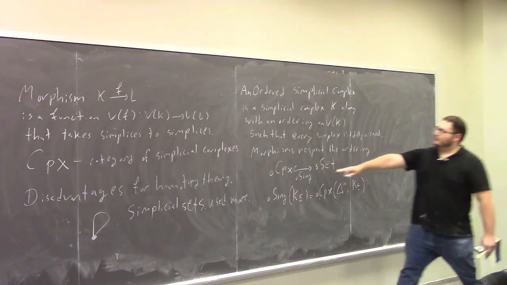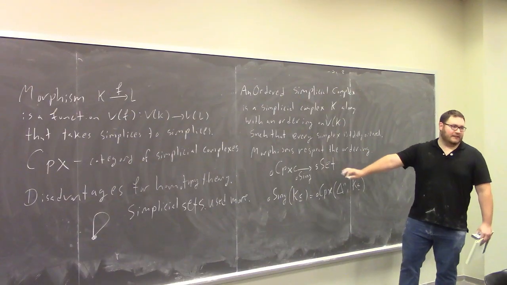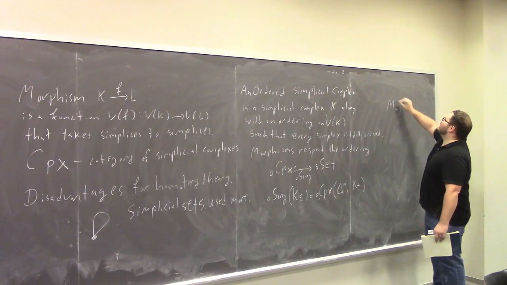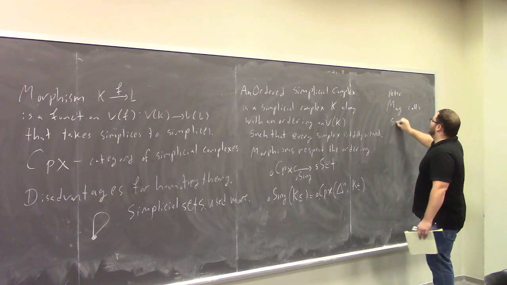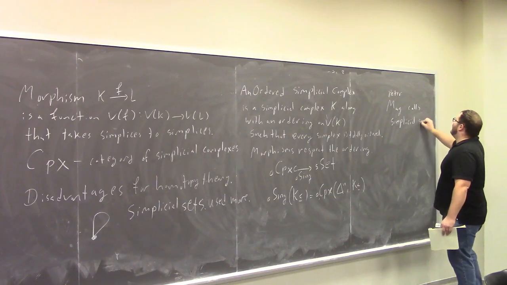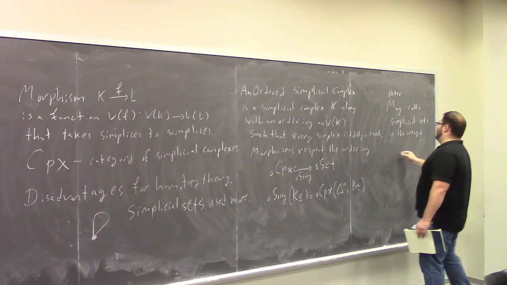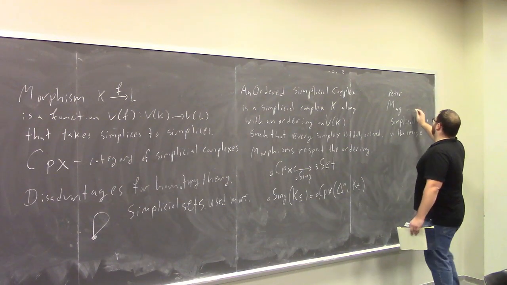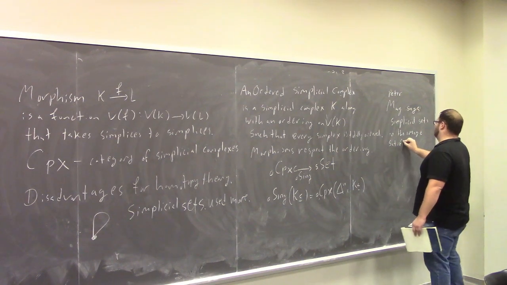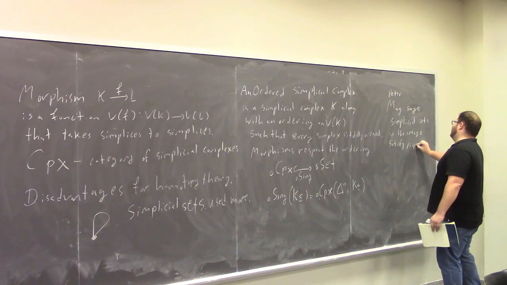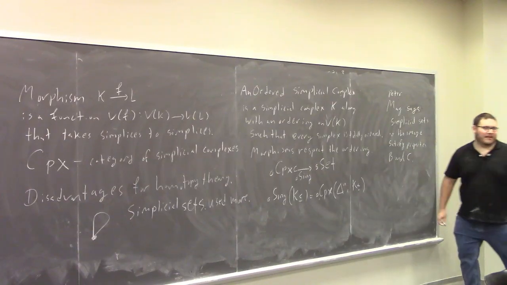And the essential image of this functor has been studied for a long time inside of simplicial sets. So Peter May calls simplicial sets in the image, where he says simplicial sets in the image satisfy properties B and C. Doesn't matter a whole lot what that means.